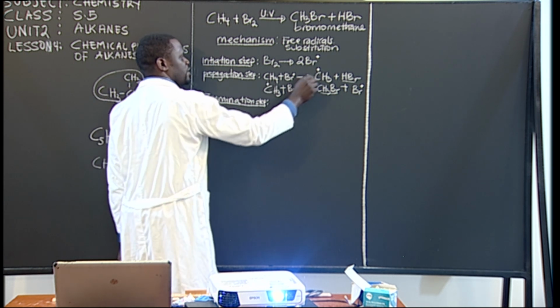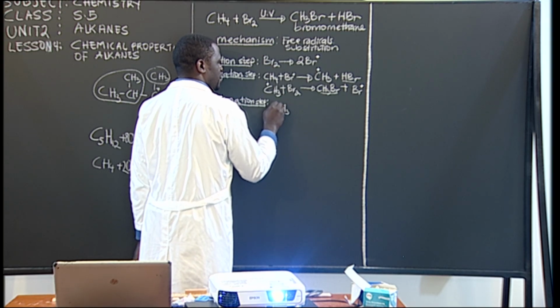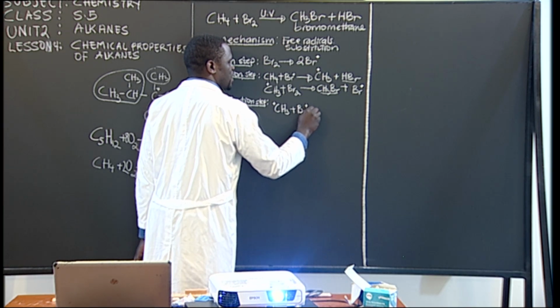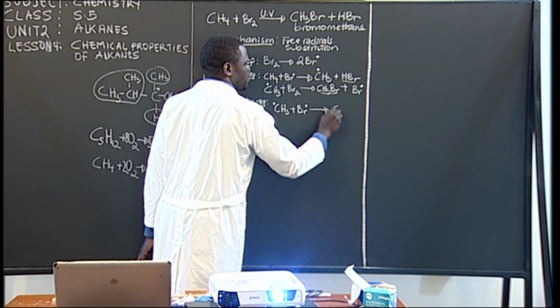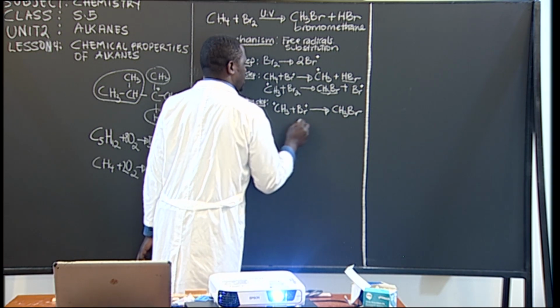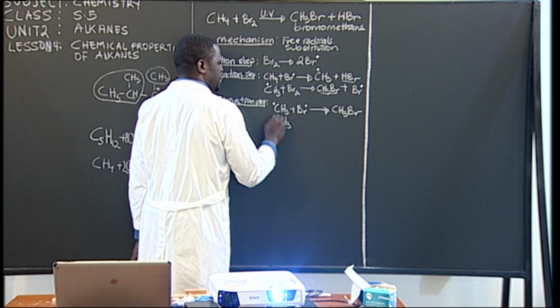So let's begin with these two radicals, which will give us our major product, our product of interest. When you see this dot, it means that they are actually radicals. So we have CH3, B what? R. Then we can also have this one. These ones can combine again with themselves.